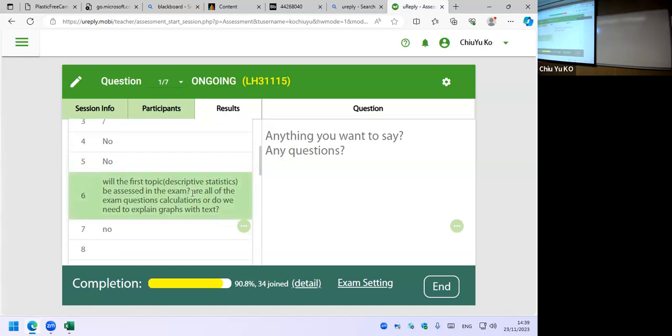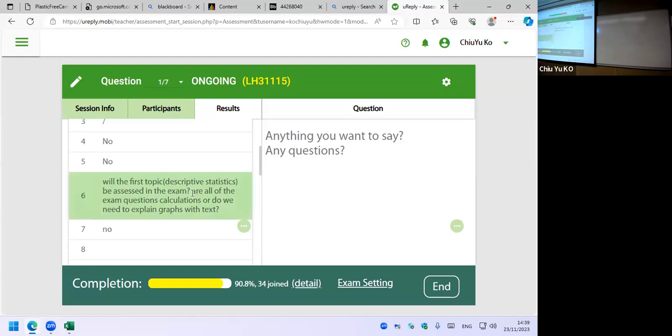If I ask what hypothesis testing is, you just copy. So no point. Basically just apply. Do we need to explain graphs with text? Up to you. We just care about your calculation. If a graph helps you, then it's good, because sometimes you do hypothesis testing, then draw the graph.